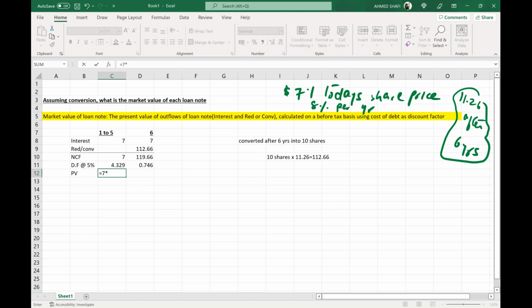Net cash flows into discount factor gives you present values. 7 into 4.329 and 119.66 into 0.746. If you add them all, you get the total present value, which is 30.3 plus 89.2, 119.5.